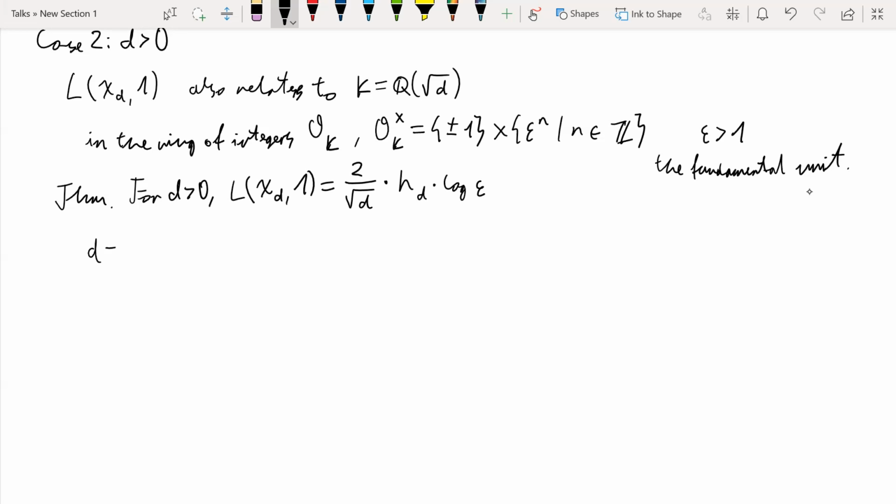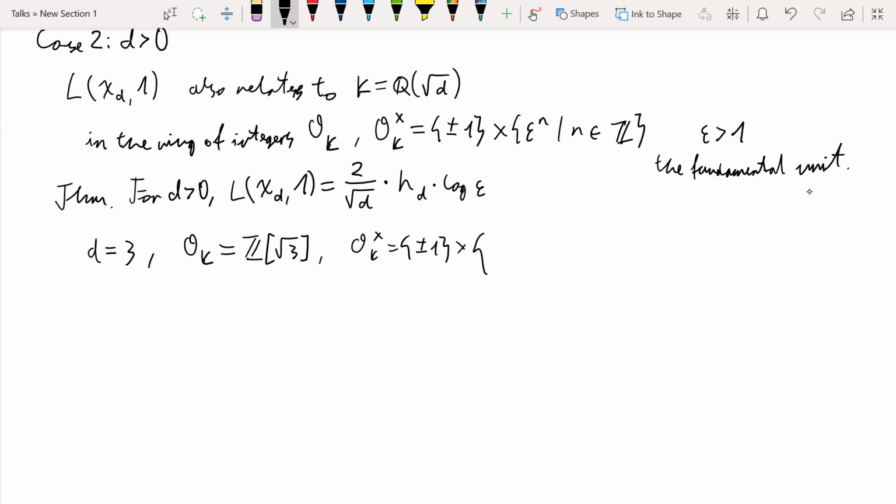We shall take d to be equal to 3. And in this case, O of k is going to be just the ring Z adjoint square root of 3. And in this case, the group of units is going to have plus or minus 1.